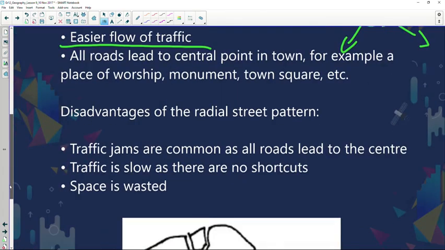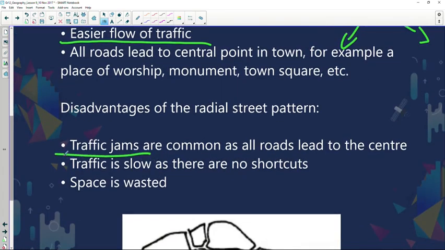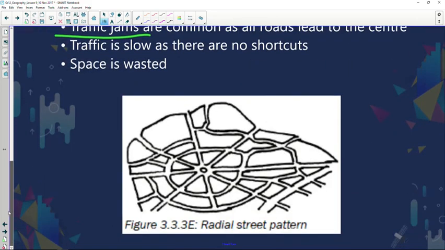The disadvantages, it can cause traffic jams, and the traffic is quite slow because of the curved roads. Now there's the example of a radial street pattern. As you can see, everything leads to the central point, and this central point might be a historical monument or it might be a church.